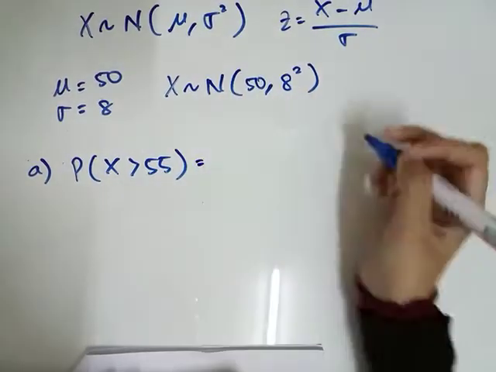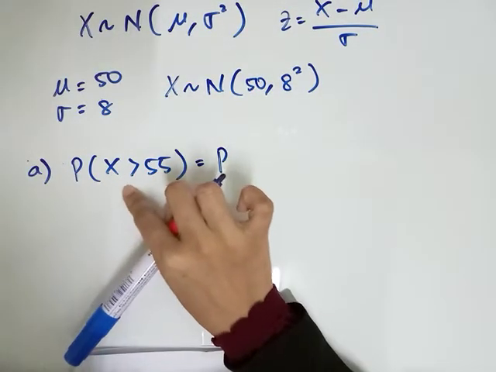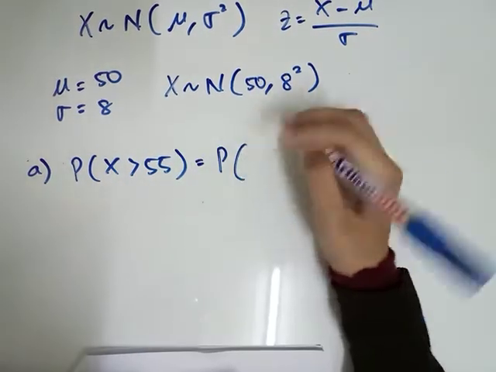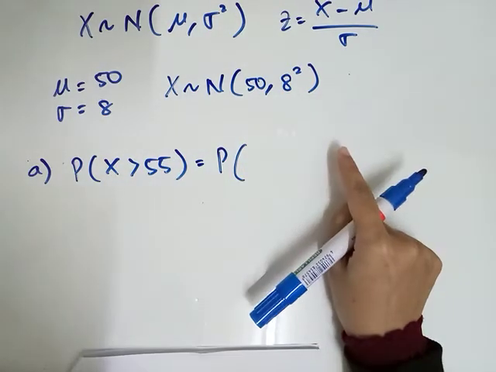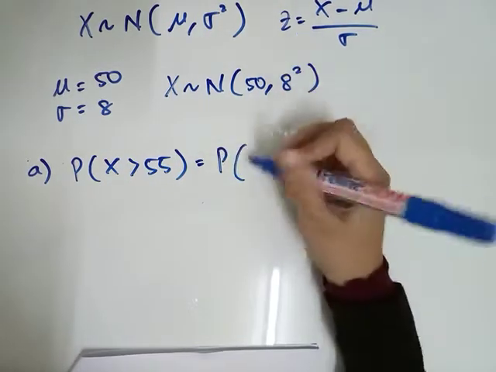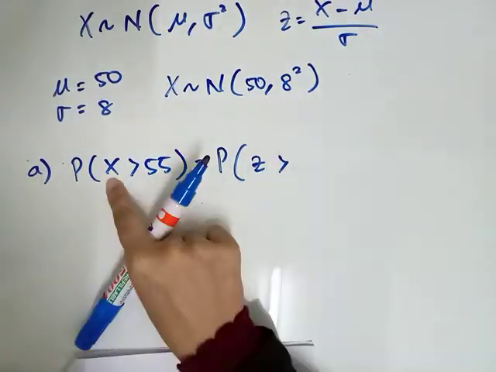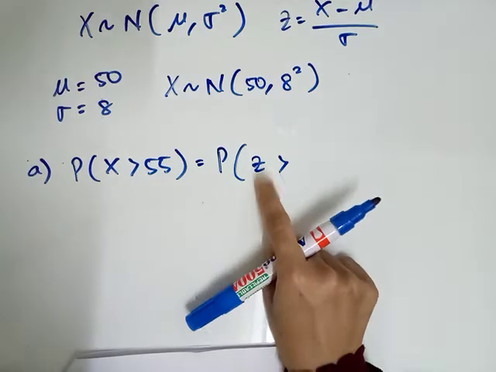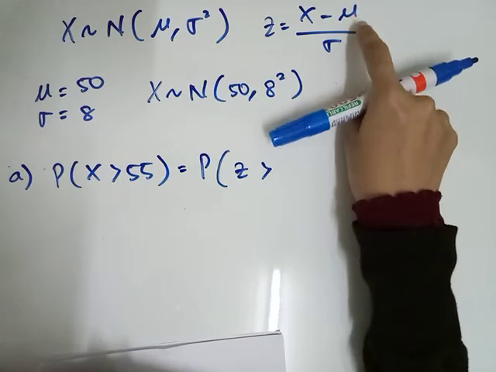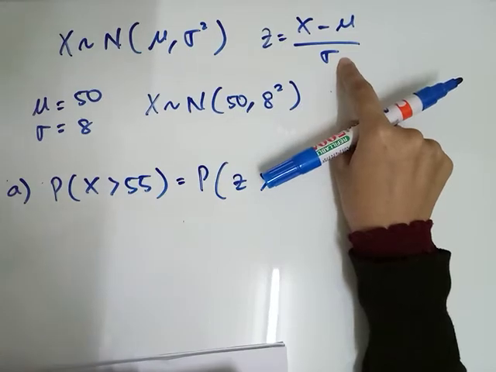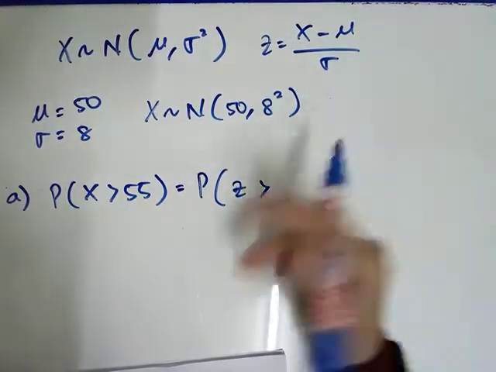To find the probability x greater than 55, we need to transform from normal to standard normal. We use z, by using the formula x minus mean divided by standard deviation. Although the formula has an equal sign, we have to refer to the question.